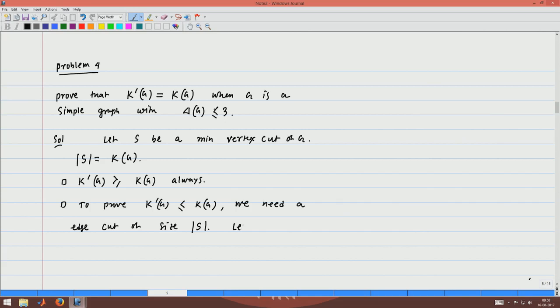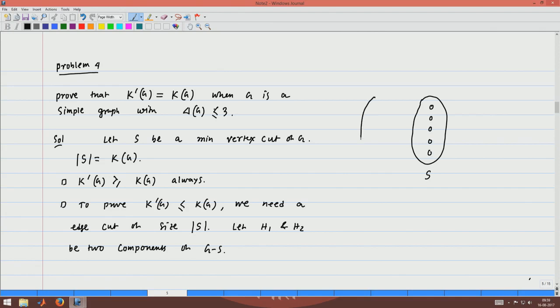And let, similarly, H 1 and H 2 be two components of G minus S. Now, if you remember our previous proof, this is what the S is, and if I remove this S, which consists of some vertices, we are left with two components H 1 and H 2.